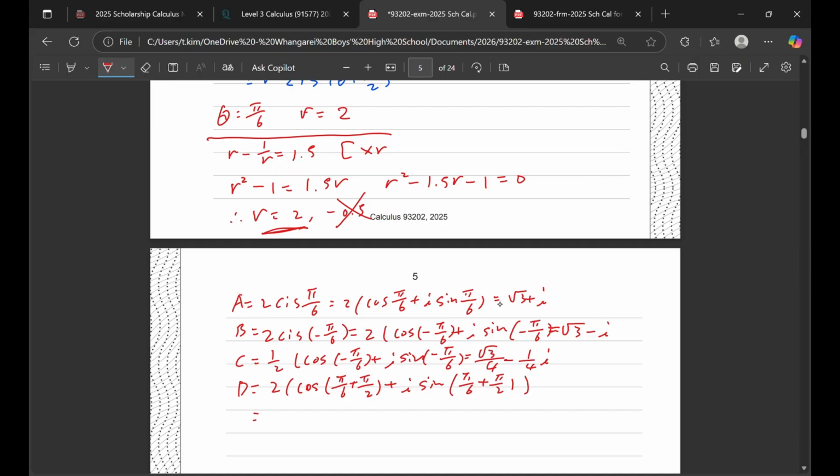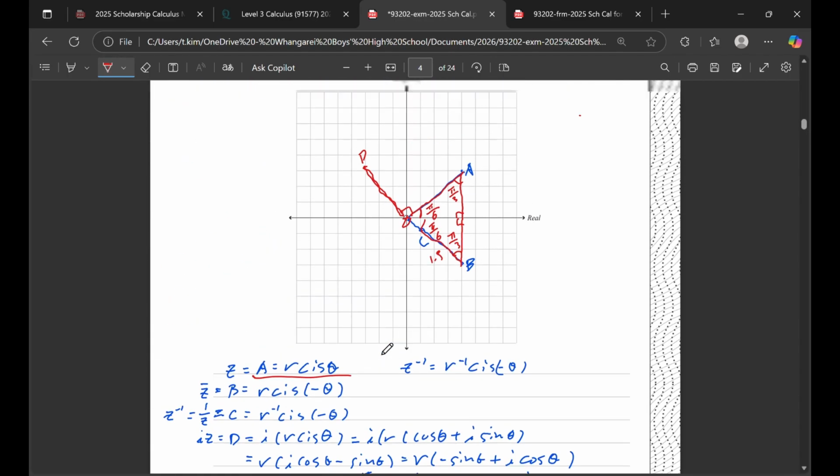So that is minus 1 plus square root of 3 i. Now what we can do, we draw this according to this. C is this, and B is that, and A is that, right? So we draw this again.